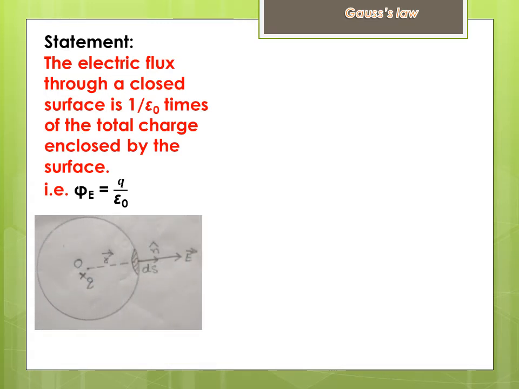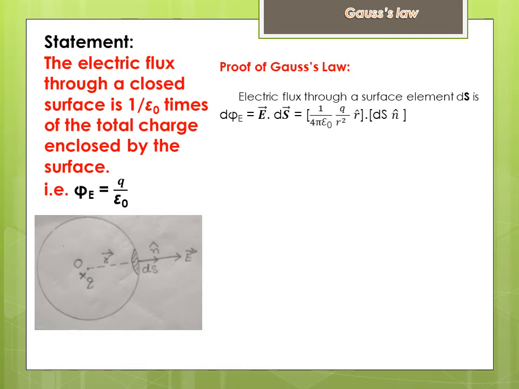So let us take a spherical surface enclosing the charge plus q. The element area is ds, and here the area vector and electric field are both in the same direction. So the electric flux through a surface element ds will be E dot ds, and that is 1 by 4 pi epsilon naught q by r square r cap dot ds n cap.